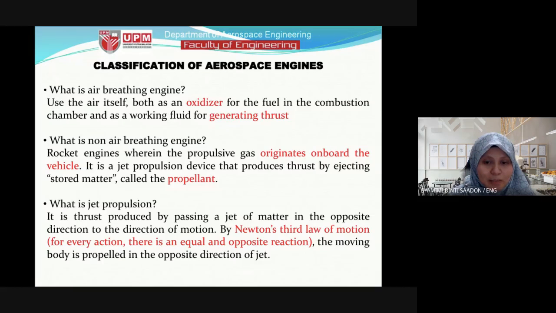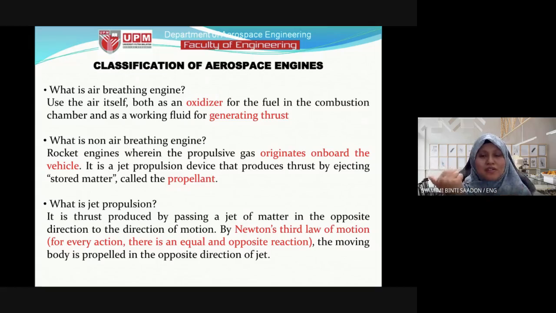And then what is jet propulsion? Basically the propulsion process of a jet. Like I mentioned earlier in the beginning, the main law we use is Newton's third law of motion, which says that for every action there is an equal and opposite reaction.